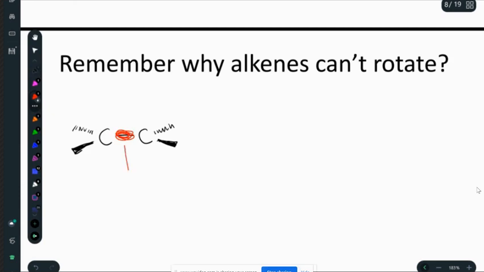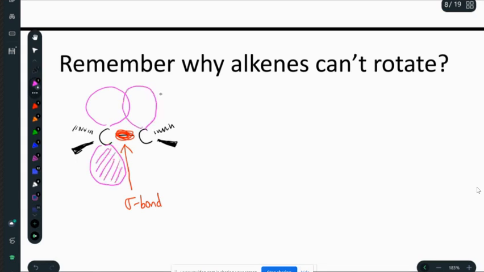I'll just draw that here like this. But then my second bond is going to be between parallel p orbitals on the 2 atoms. So I'd have a p orbital on the atom on the left, a p orbital on the atom on the right.